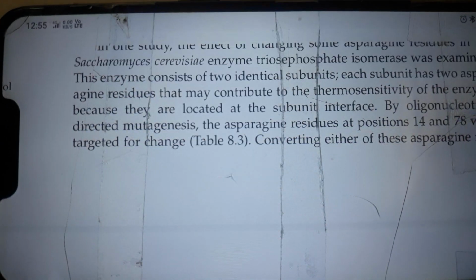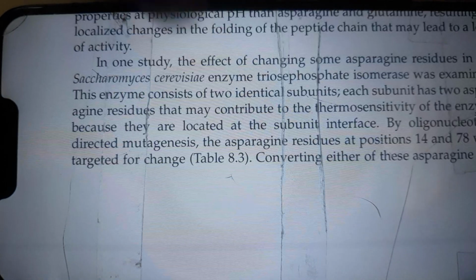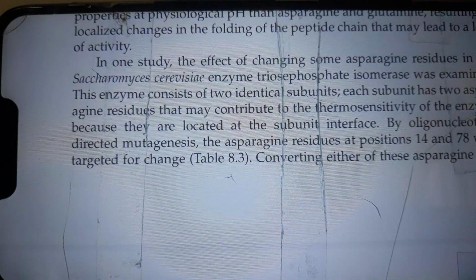In one study, the effect of changing some asparagine residues in the Saccharomyces cerevisiae enzyme triose phosphate isomerase was examined. This enzyme consists of two identical subunits. Each subunit has two asparagine residues that will contribute to the thermosensitivity of the enzyme because they are located at the subunit interface.